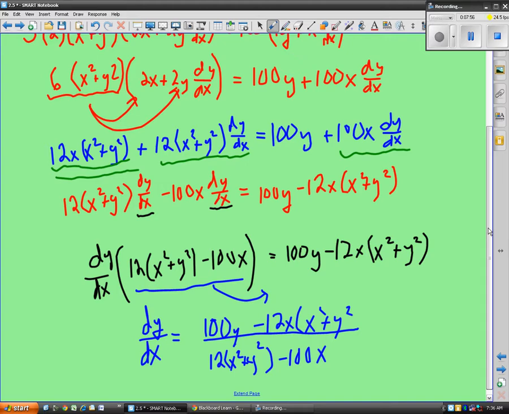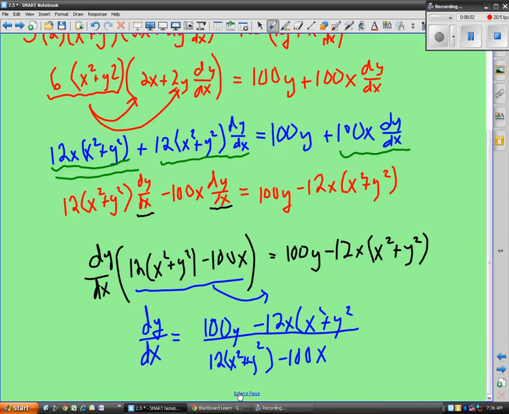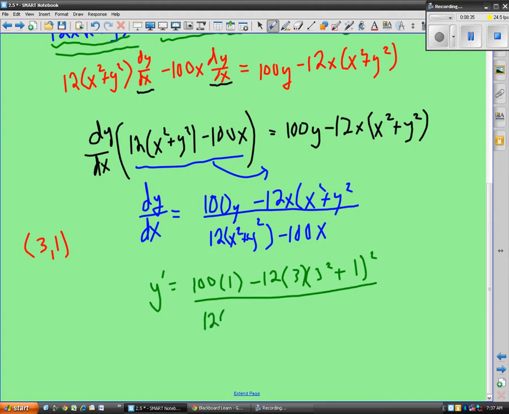And basically, I have 3 for x and 1 for y, and I've got to plug those into this equation and get my final answer. So my slope, my y prime of this, is 100 times 1 minus 12 times 3 times (3 squared plus 1 squared) all over 12 times (3 squared plus 1 squared) minus 100 times 3.